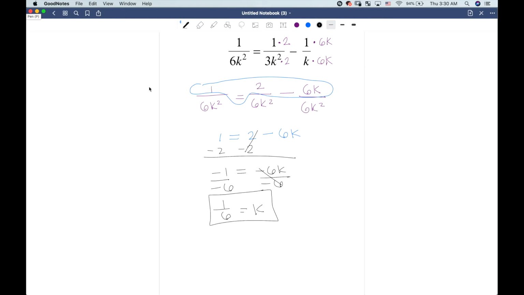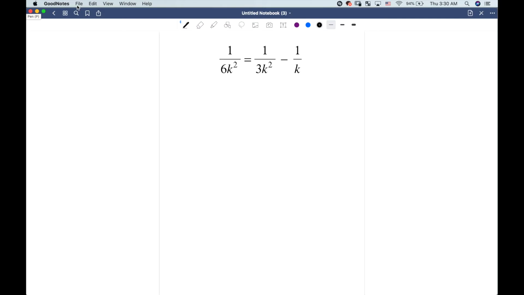So I'm going to check my work by plugging this number back into the original problem. So our solution that we got so far was 1 over 6. And I'm just going to plug this back in. One over 6.